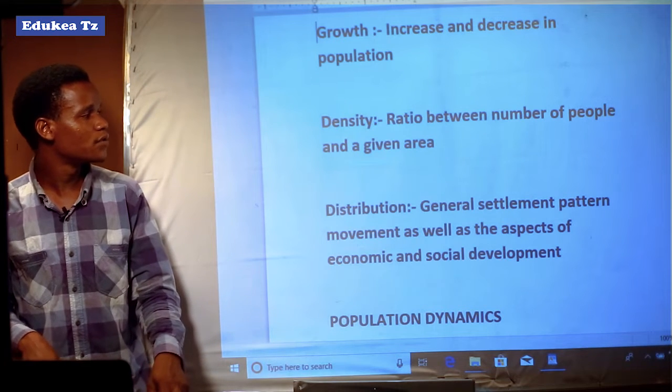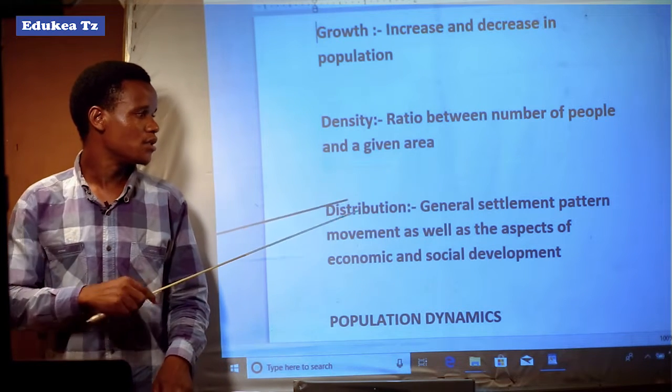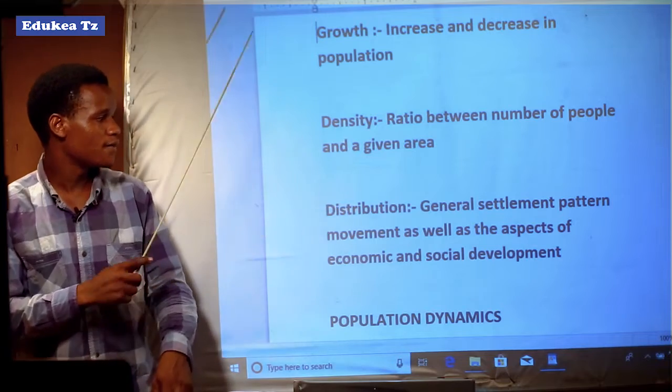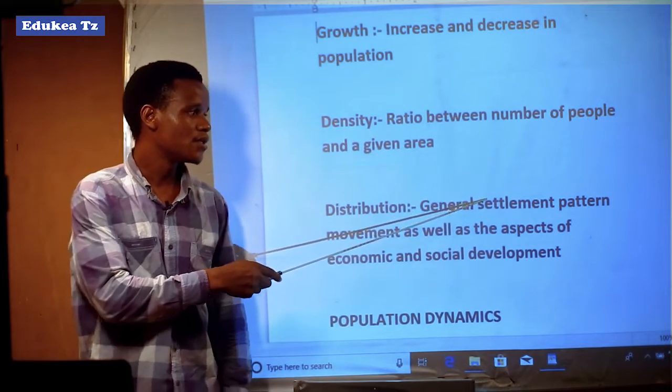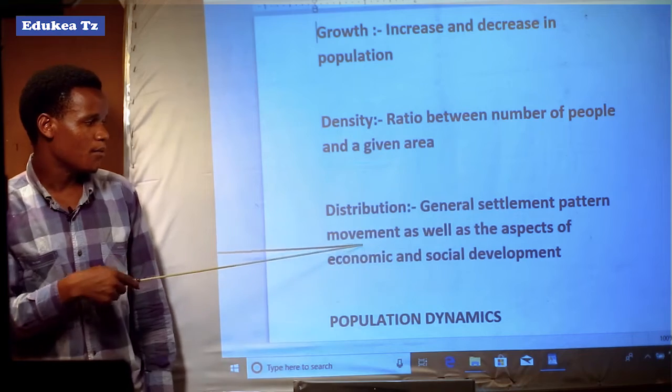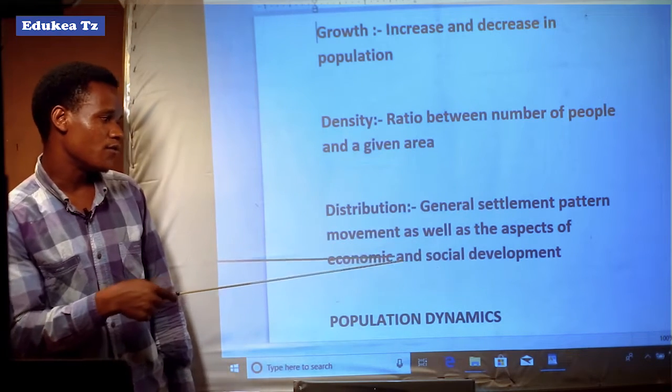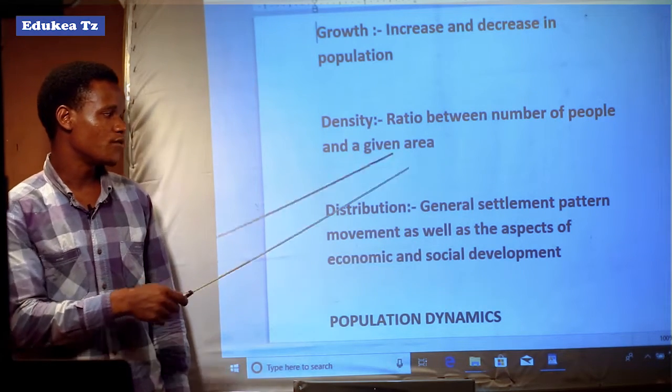Another terminology that is found in the population is distribution. Distribution refers to the general settlement pattern, movement, as well as aspects of economic and social development.